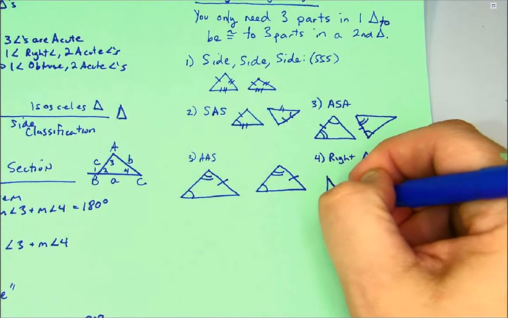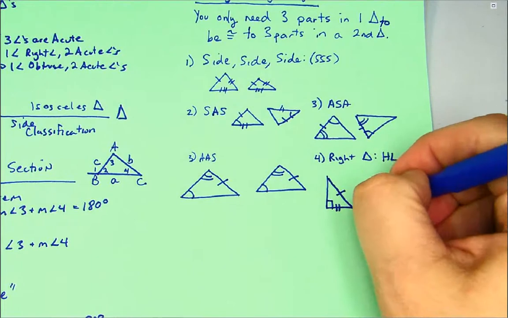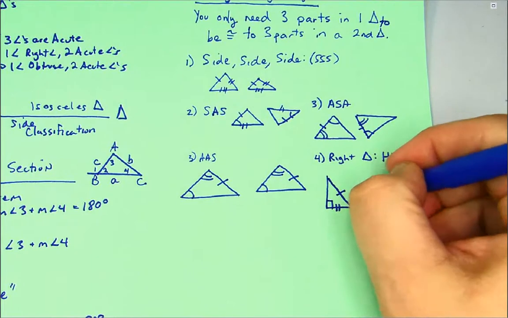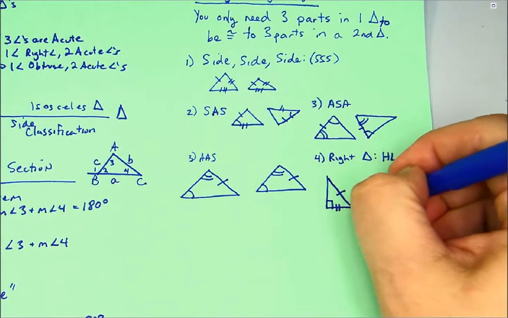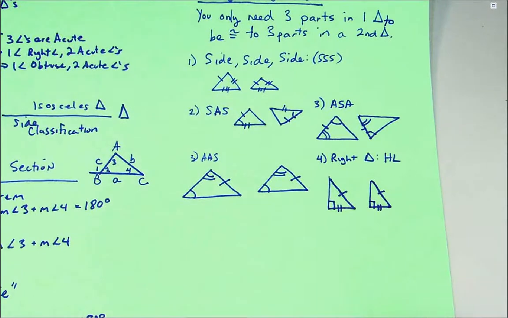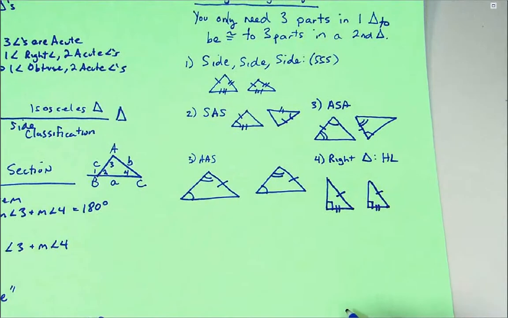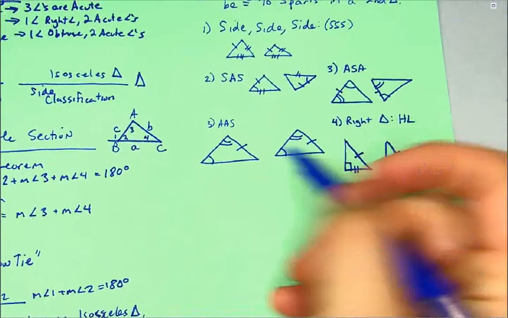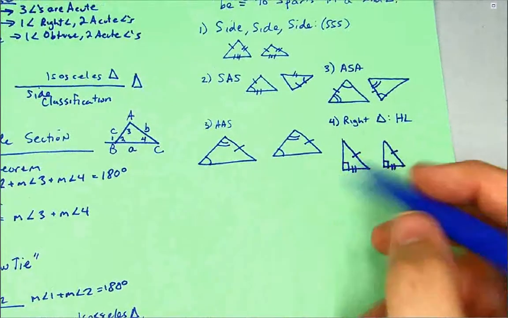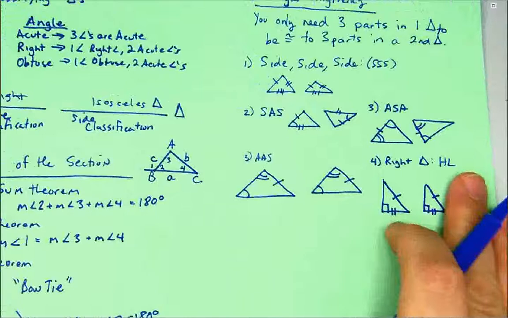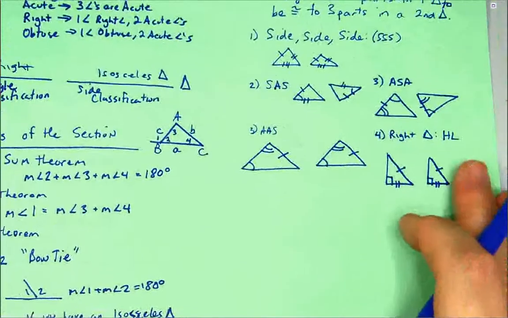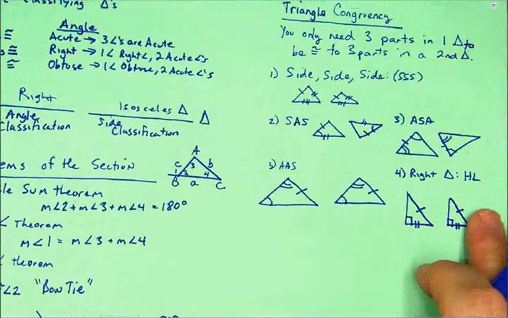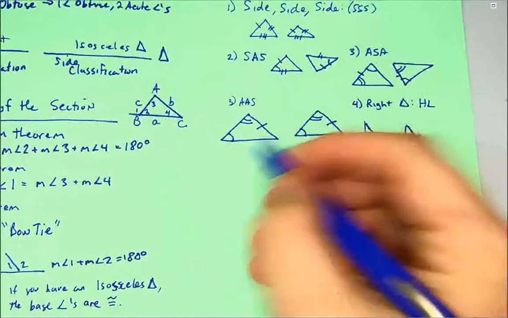Get your hypotenuse and a leg. Hypotenuse and a leg. Those two triangles are congruent. The biggest thing is, these are the information that we are going to use to solve different situations.